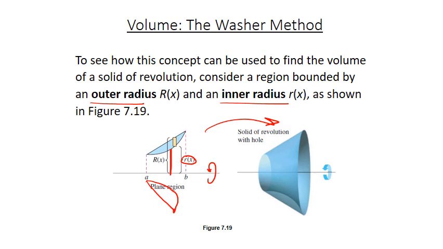On the other hand, the distance from the axis of revolution to the outer part, the outermost part, that is going to be big R of x. So find little r of x, find big R of x, and then you can just plug it into the formula that I'll show you here.